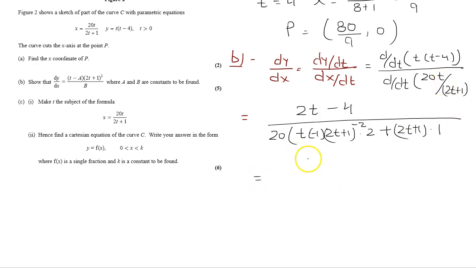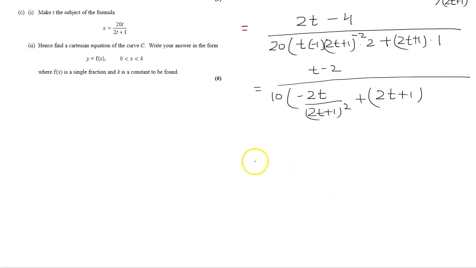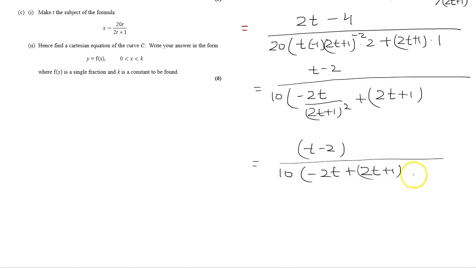If we take 2 common, this 2 will cancel, it will be 10, so it will be 2t plus 1 square minus 2t, divided by 2t plus 1 square. The negatives cancel, so 10 minus 2t plus 2t plus 1.